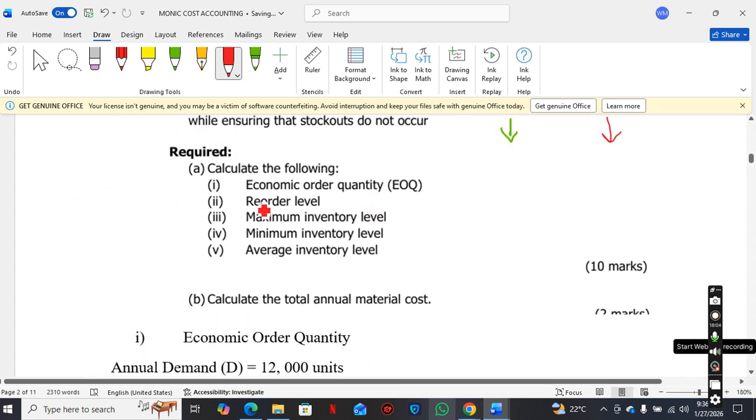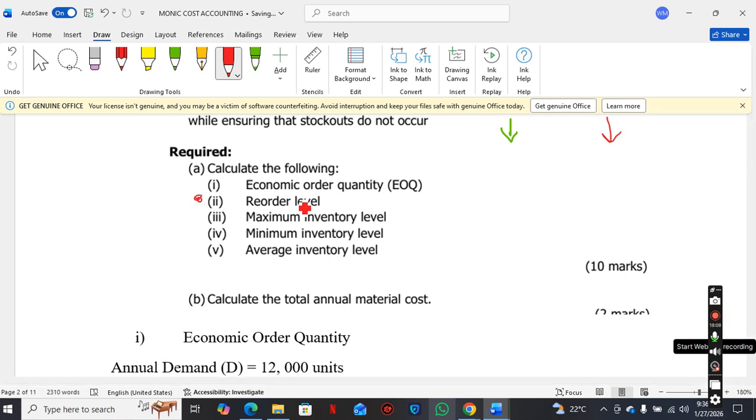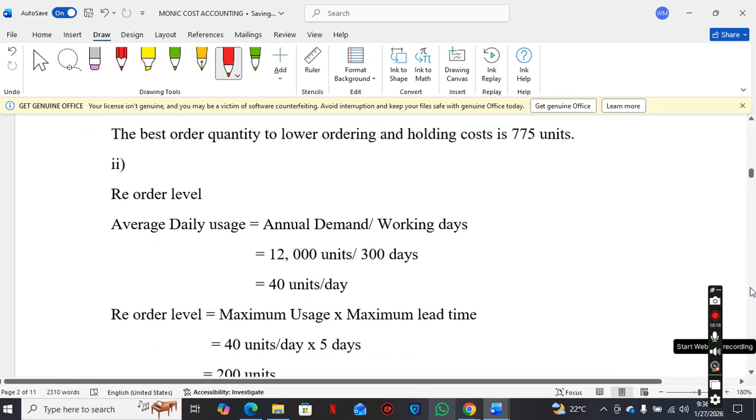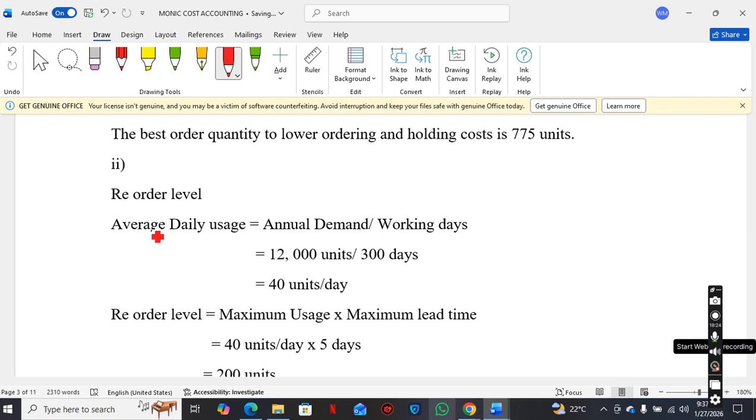Okay, next we now need to find the reorder level. As the name implies, when you reach this amount, you have to place an order. Okay? So, now, with the reorder level, the question doesn't give you maximum usage or minimum usage.